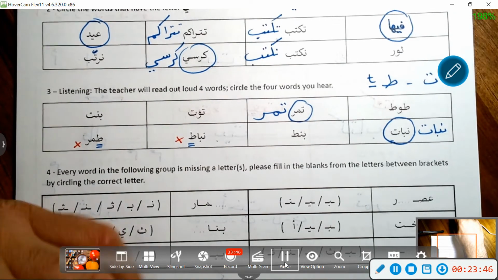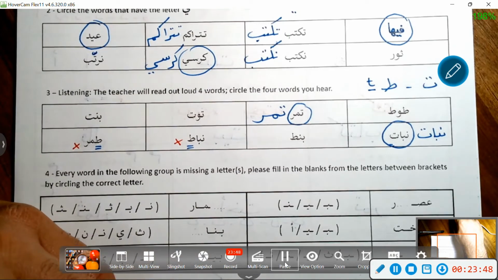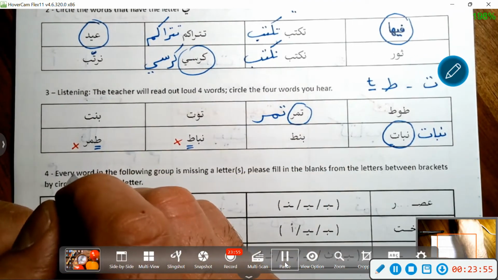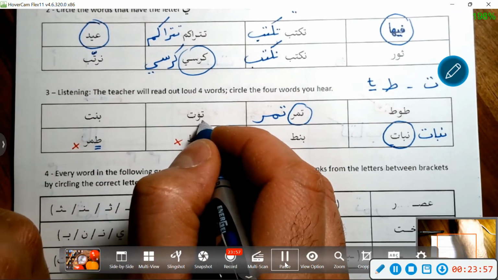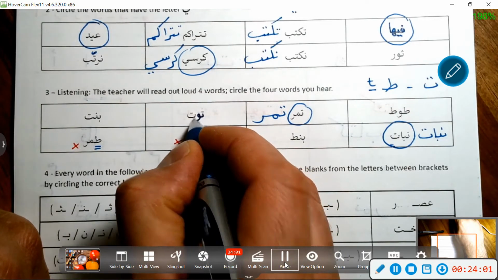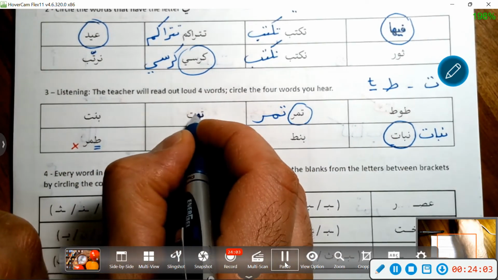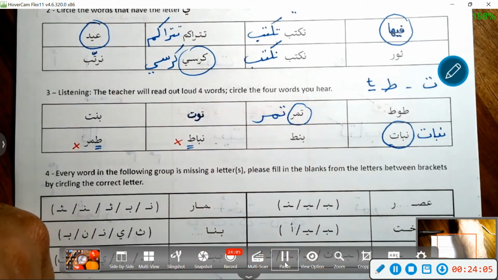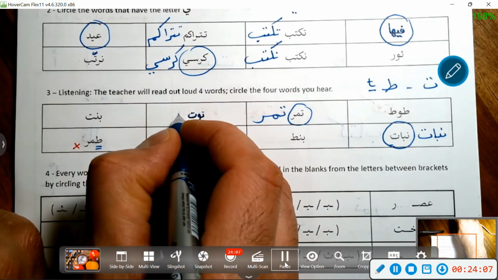Third word, toot. We have ta, waw, ta. Now, this should not be read with the other ta. So that one is wrong.